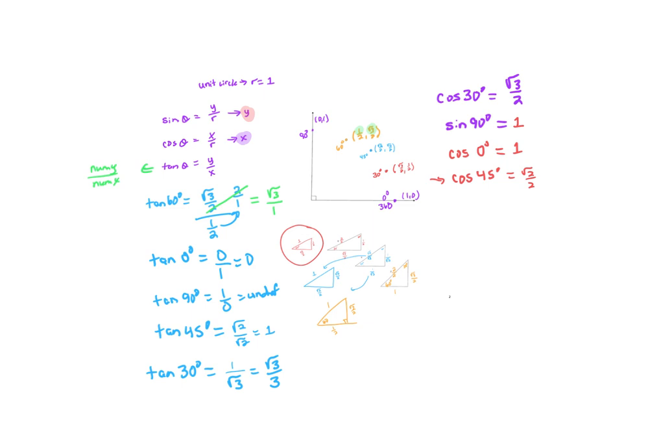This one's a little bit harder to do the mental math on. 45 times how much to get to 135? That would be 3 pi over 4. And then 45 times what to get to 225? And that is 5 pi over 4. And then last one, 45 times how much to get to 315? That is 7 pi over 4.